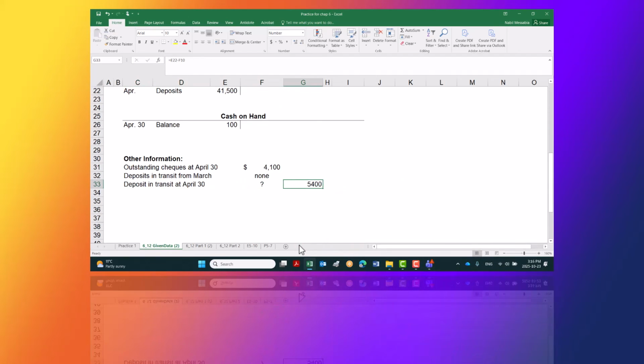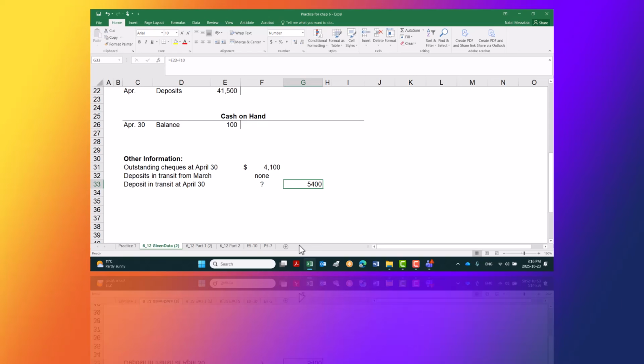Who ignores this amount and who knows it? We as a company know that we have this deposit. Deposit means checks received from our client that were deposited into the bank, but the bank did not yet record them because they will be recorded after April 30.